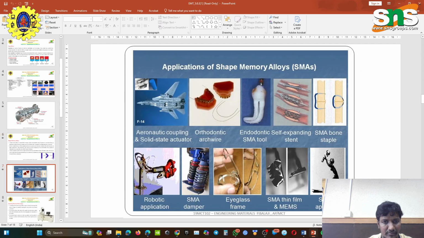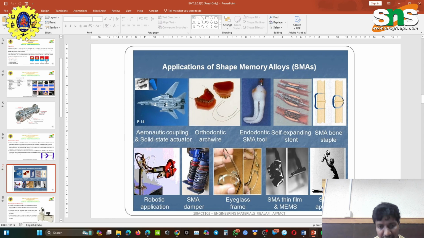You can see the applications of shape memory alloy: aeronautic coupling, solid state actuators, SMA bone staples, and self expanding stents. The stent is one of the major applications in medical and robotic applications.